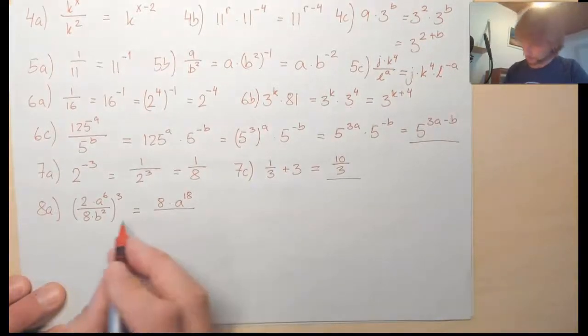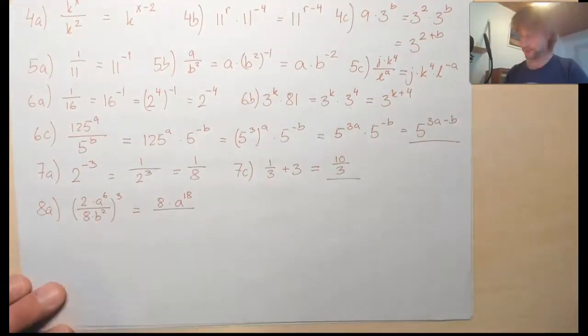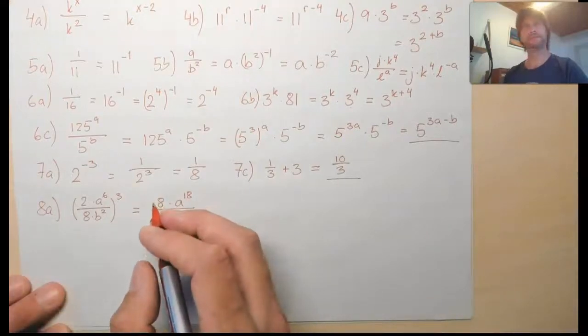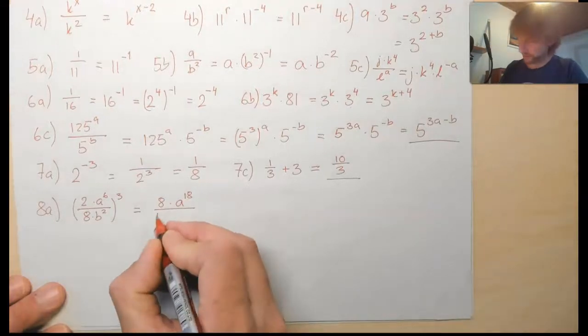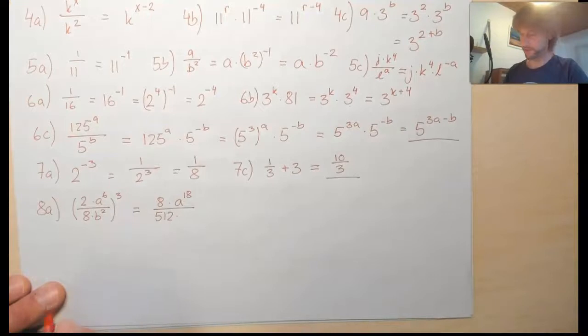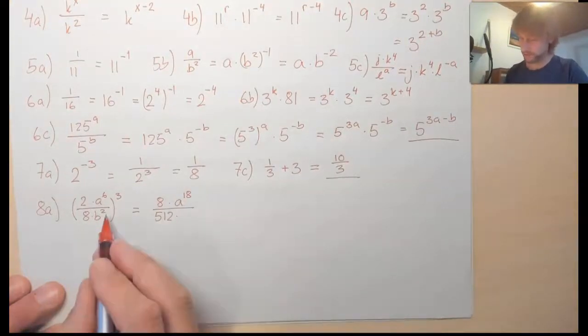Divided by 8 to the power of 3, that is 8 times 64. I have no idea what that is. 8 times 64 is 512, times b squared to the power of 3. Subsequent powers, we can multiply the exponents.